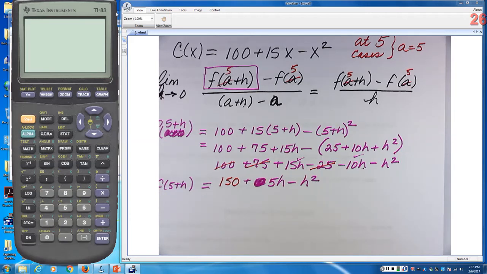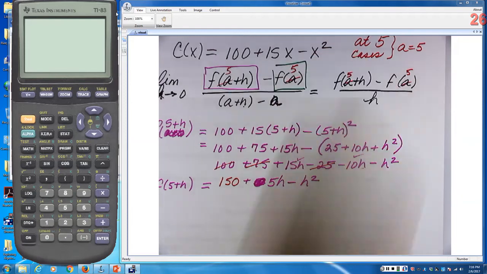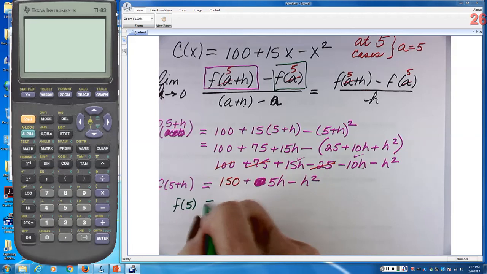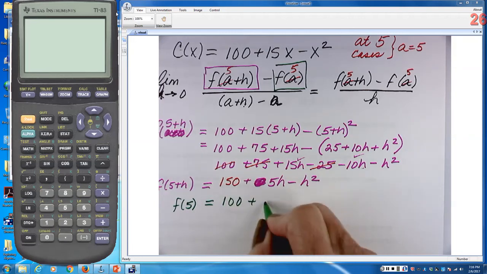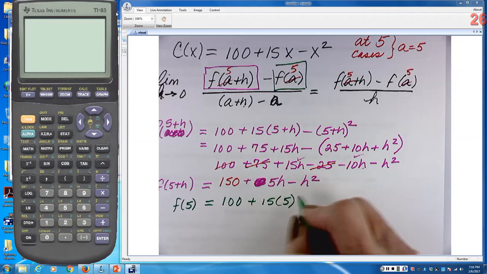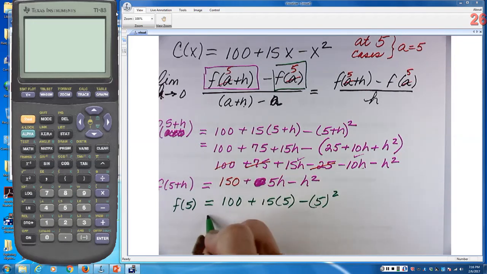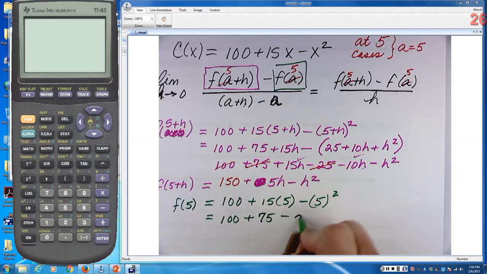Then we're going to go just like we did before and find f of 5. No h, just 5. So that's 100 plus 15 times 5 minus 5 squared, which is 100 plus 75 minus 25, which should be no great surprise. 100 plus 75 minus 25 is going to be 150, which is going to make that 150 disappear.